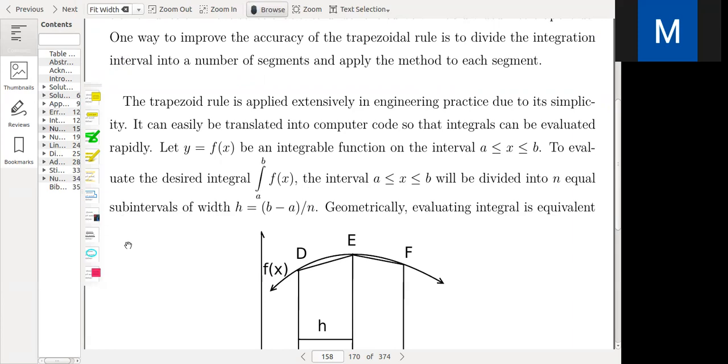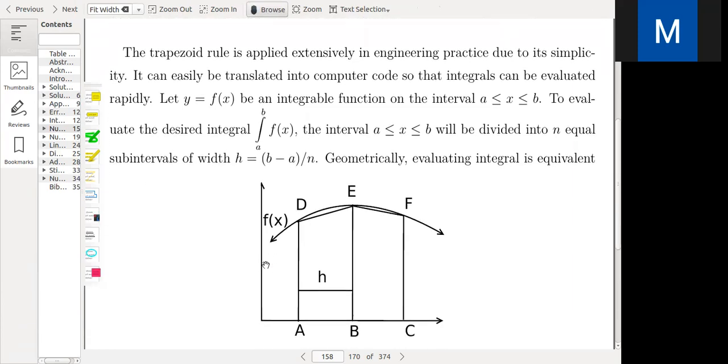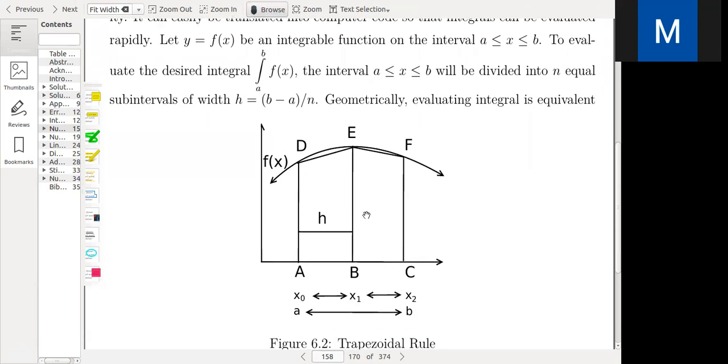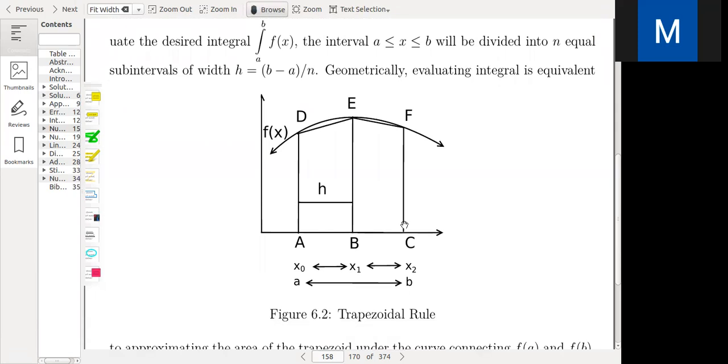So this is the step size. Again you see we have a curve y equal to f of x, and the area under the curve, if we initially divide into two trapezia, we have the first trapezium ABED and the second trapezium BCEF. And again we can mark three points x0, x1, x2, and the interval is a to b.